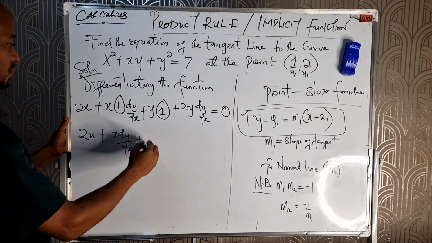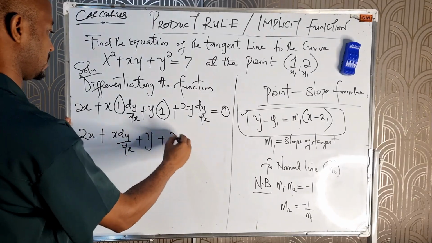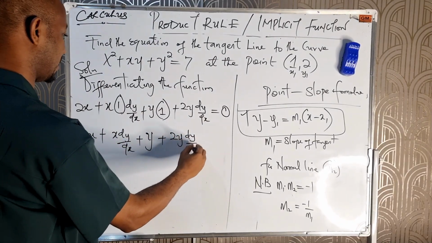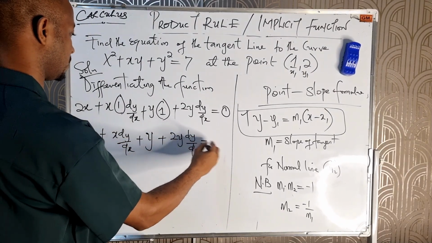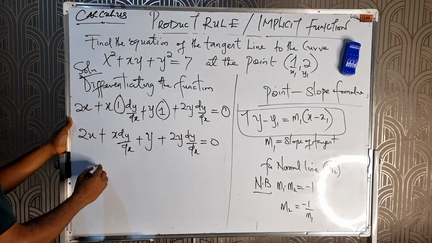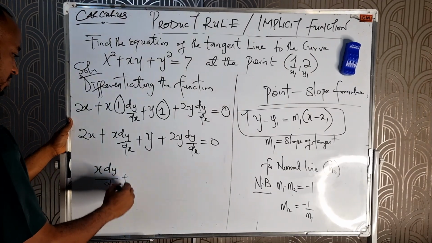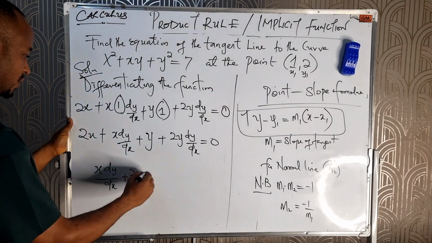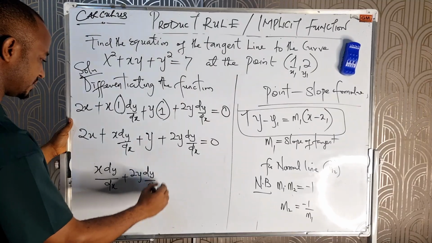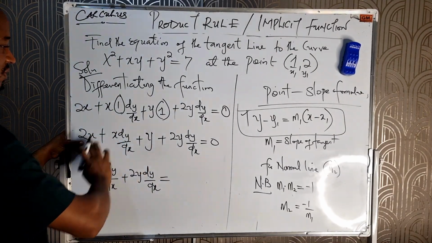Okay, plus y plus 2y dy/dx, all equals 0. So let's bring these two together as like terms. We're going to have x dy/dx plus 2y dy/dx equals, I'll move 2x and y to the other side.